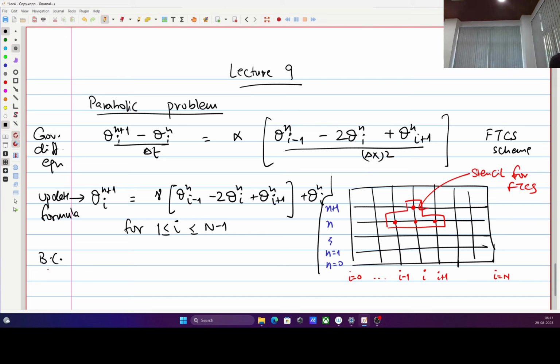So let's look at the left boundary. For the left boundary, we had said that it's the center plane of the infinite slab. So here we have del theta by del x equals 0. So this was the differential form of the boundary condition on the left boundary.